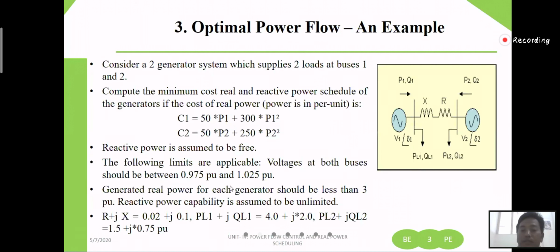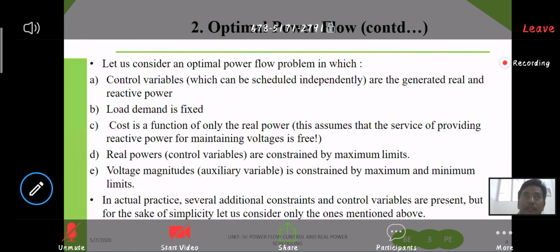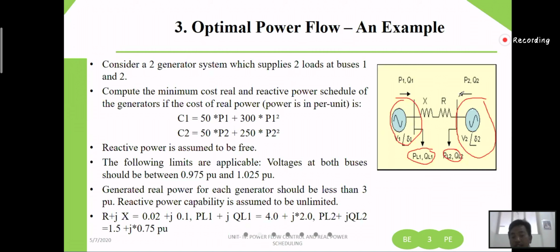Okay, so now we'll take one example. Considering all these factors, we'll try to carry out the optimization, the optimal power flow, which means we are trying to find the minimum cost. So let's consider a two generator system, generator 1 and generator 2, which supply two loads at buses 1 and 2.